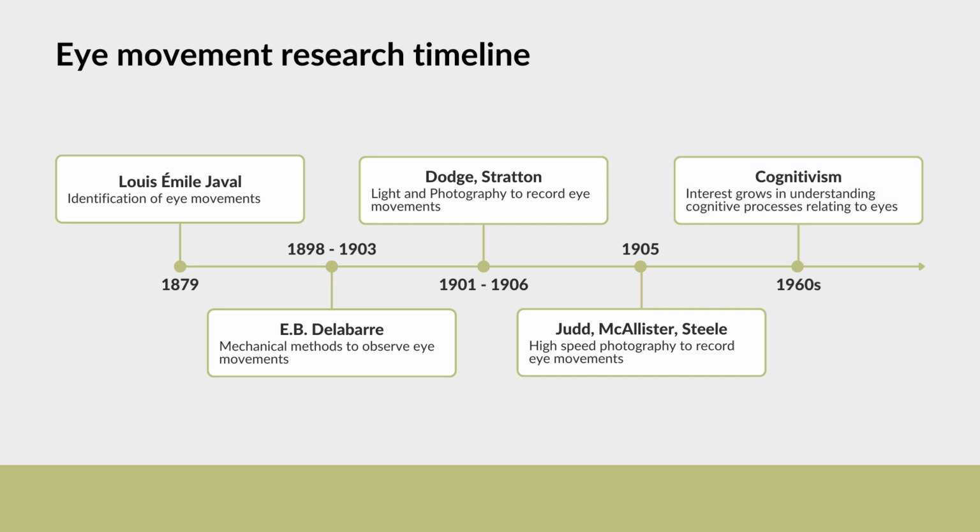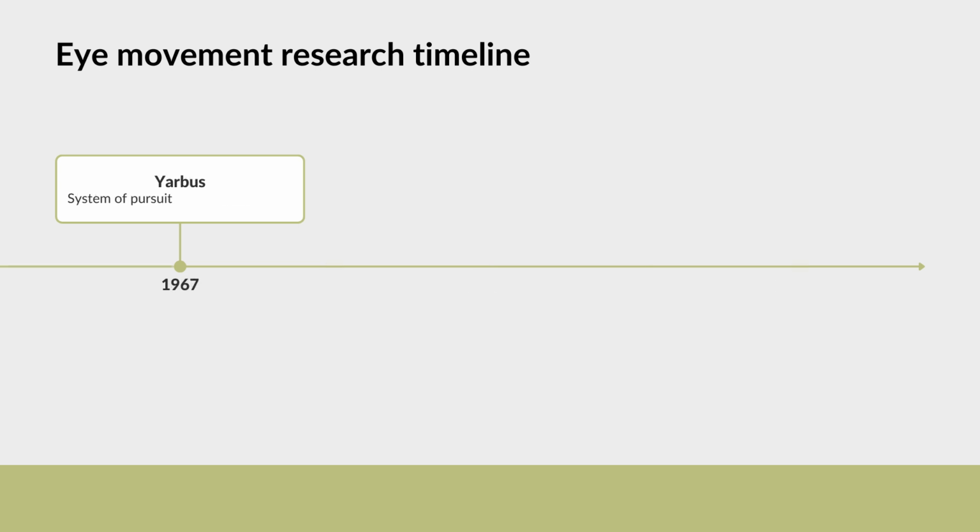In the 1960s, Yabus conducted considerable research around eye movement, and he observed that there should be cognitive processes which enable the eyes to move to track a moving object. He called the cognitive process the system of pursuit. Through the 1970s and 1980s, research focused on attentional processes relating to eye movements.